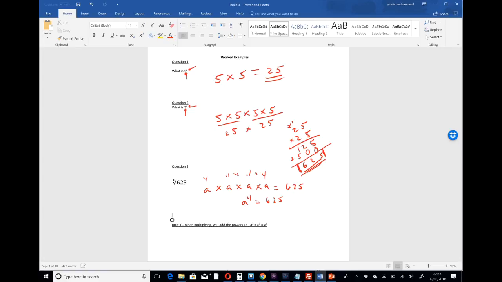Does that give you 625? You can try 3 times 3 times 3 times 3 and see if that gives you 625. But from the previous question, we know that 5 to the power of 4 gives me 625. So in this case, the final answer is 5.